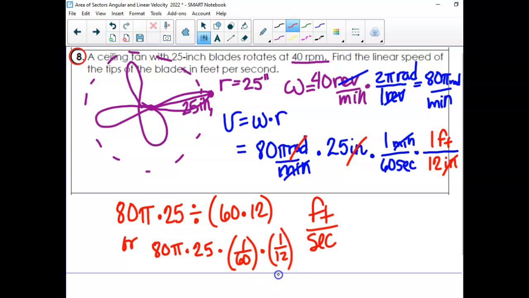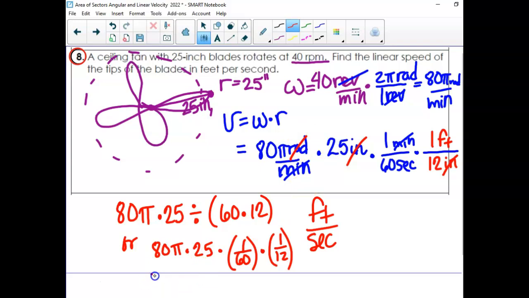Does either one of those make more sense to you? Or you could just do the whole top and the whole bottom. If you did 80 pi times 25, I don't know what that is, do I?